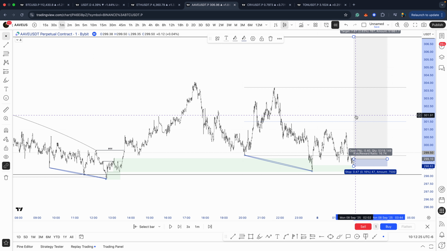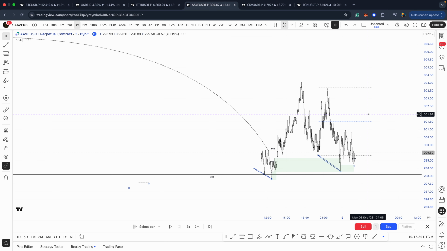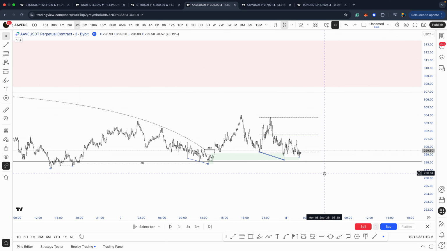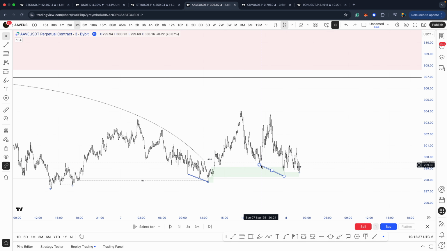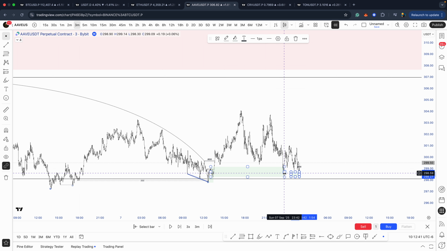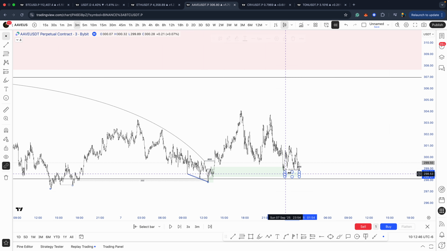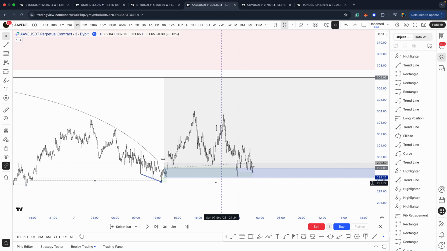We're not going to put that on the chart, but I just wanted to show it because it was a possibility, and it was valid even to take. So we'll get rid of this, and we'll just use this whole range as context for moving your stop loss of the position that we are already in.